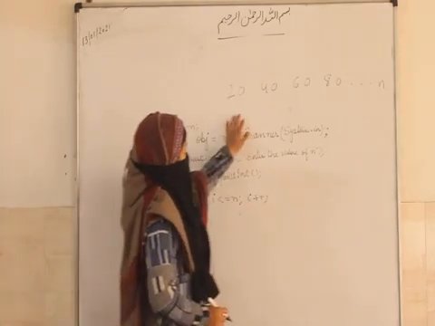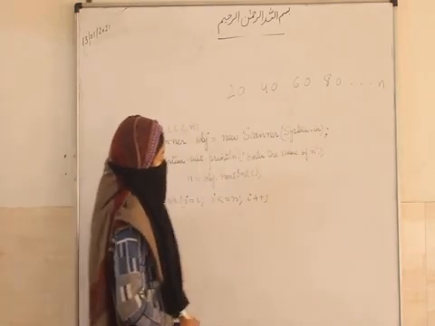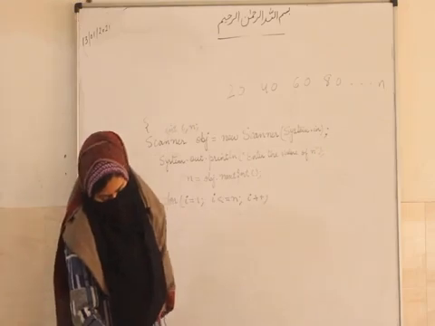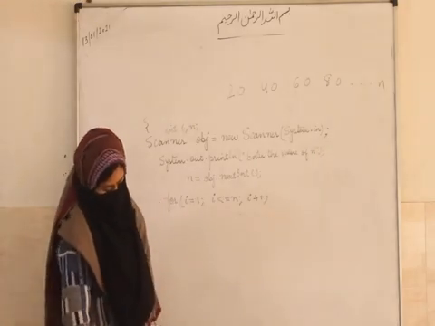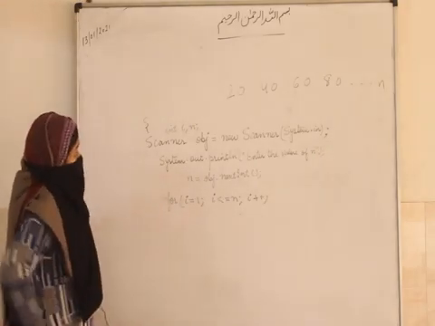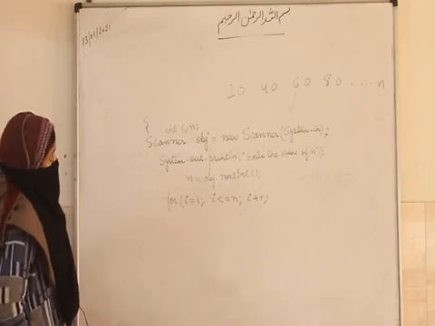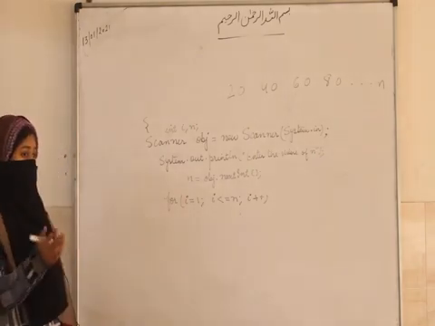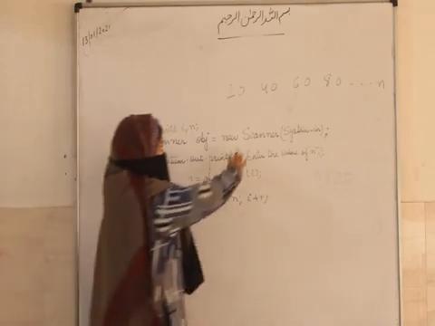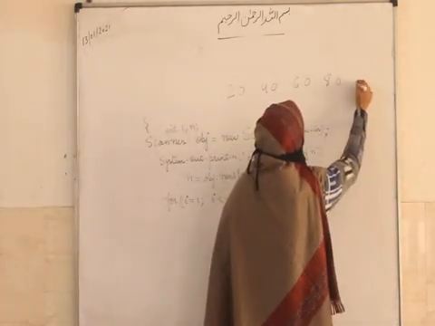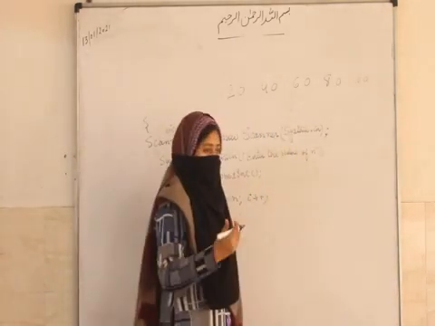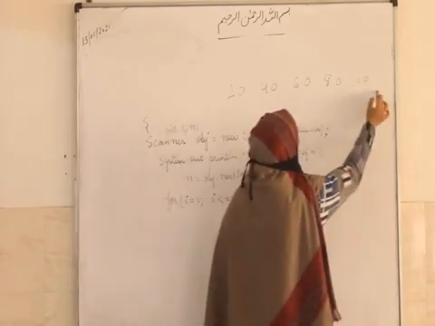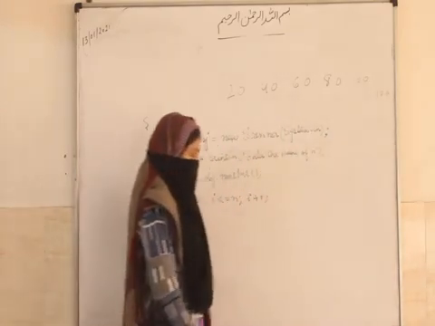We have to print 20, 40, 60, 80. What is the question? Up to n terms. Means if the user enters the value 5, we have to print from 20 till 100. If the user enters the value 6, we will print all the way till 120. We have to get it like this.